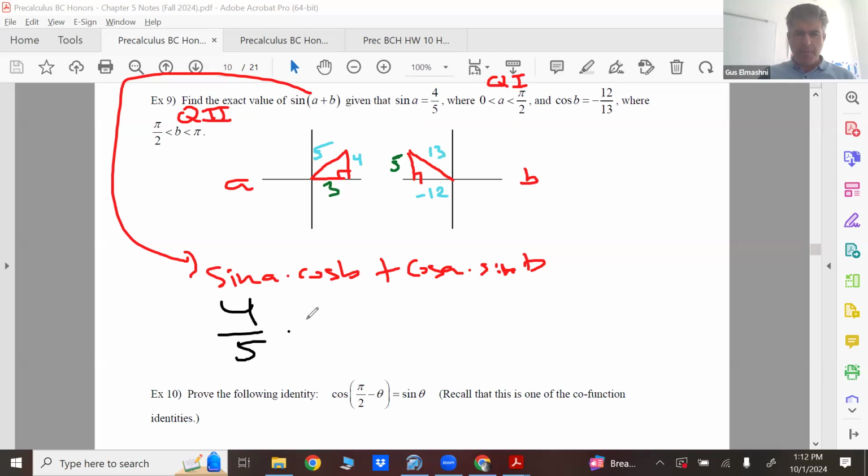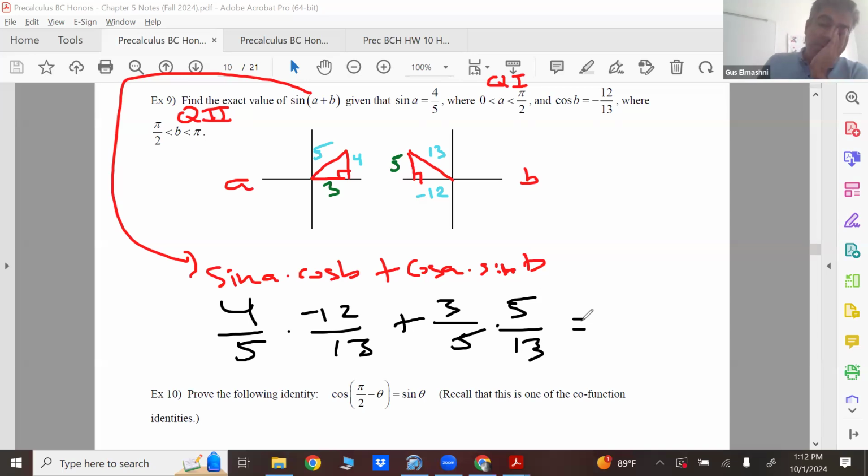Denominator should be 65, I believe. -12 over 13. 3/5. And 5/13. You should get -48 plus 15, -35. Oh, sorry, you're right. Is it -33? You're right. Yeah, take away 15 from 48. So I can't do simple arithmetic, right?